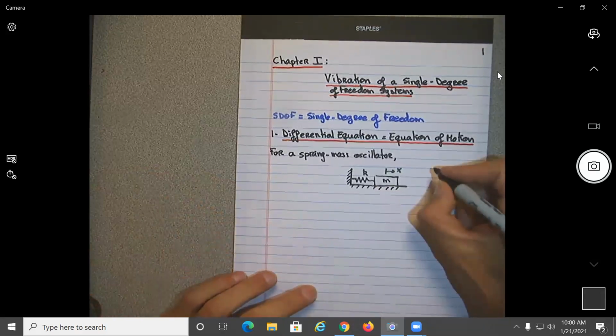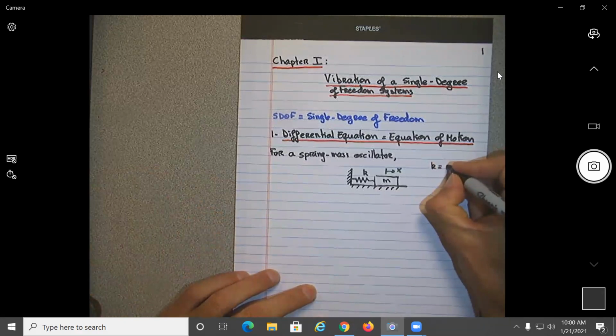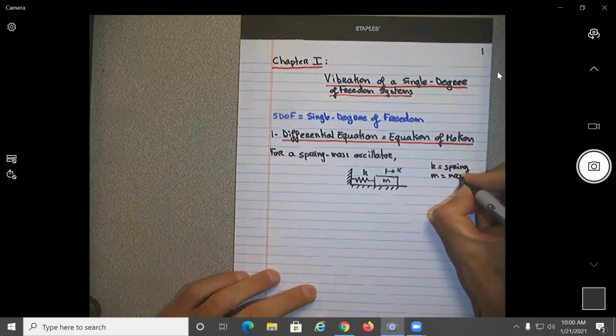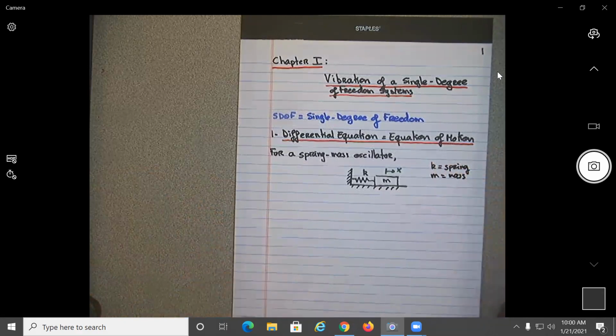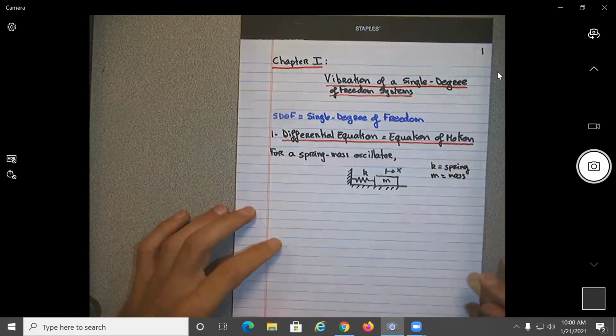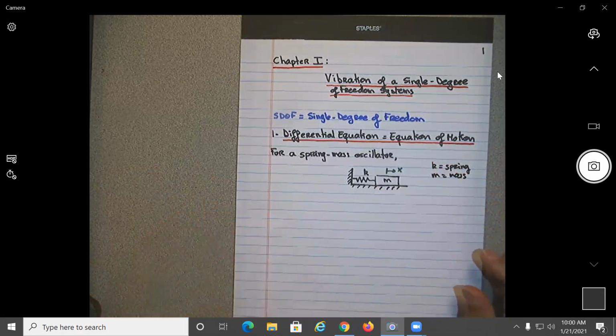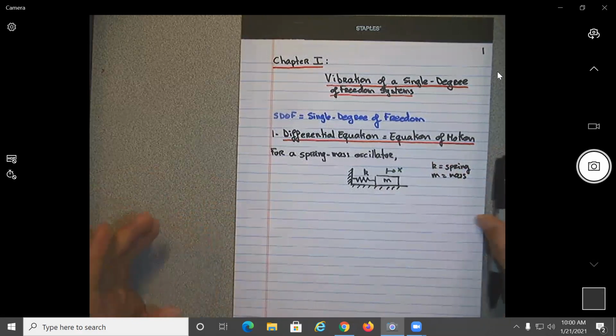So over here we have K, the spring, and M, the mass. All right, and over here I'm going to add one little thing just to be detailed.